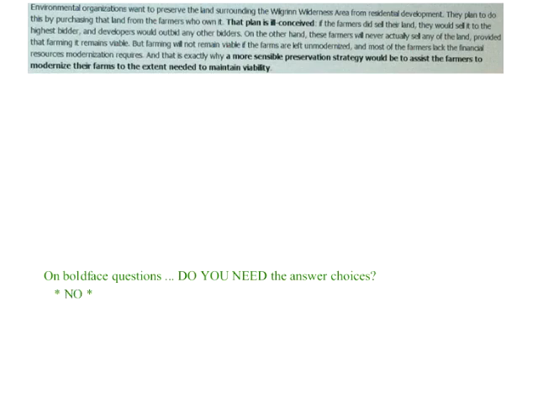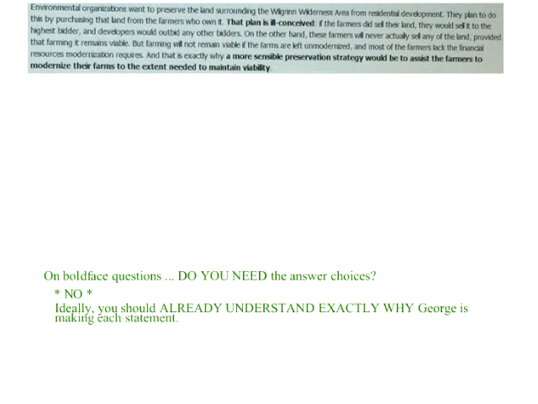Because the point is that you don't need them. If you have a conversation in your head with George, you should understand already. Ideally, you should already understand exactly why George is making each statement. So what you should do is just temporarily cover the answer choices up, predict what they're going to say, which is the hard part, by the way, because the answer choice will not talk about George.